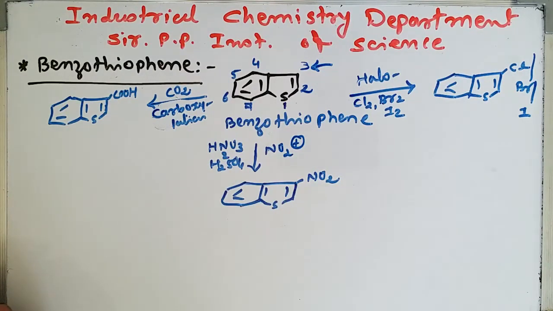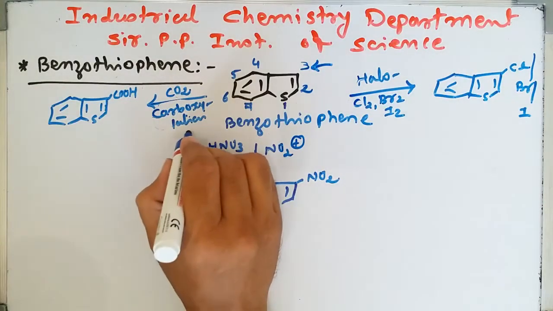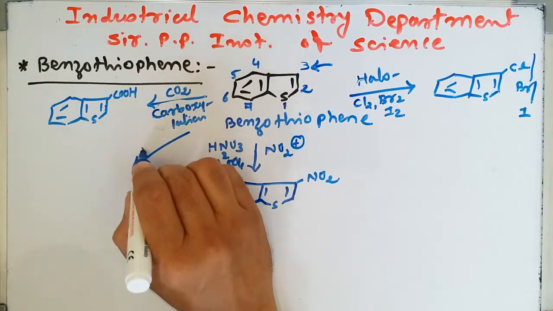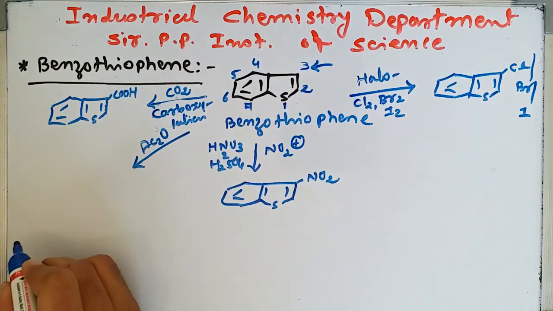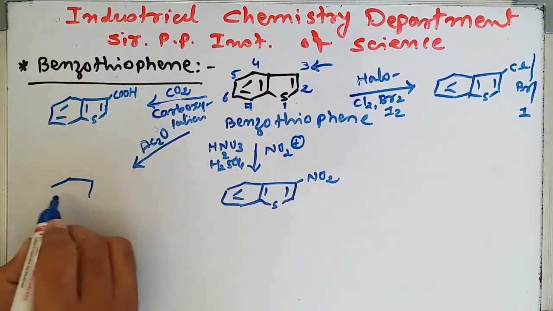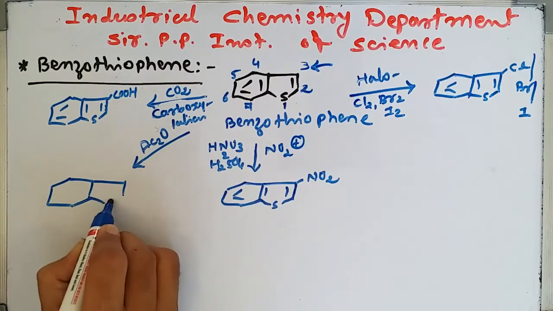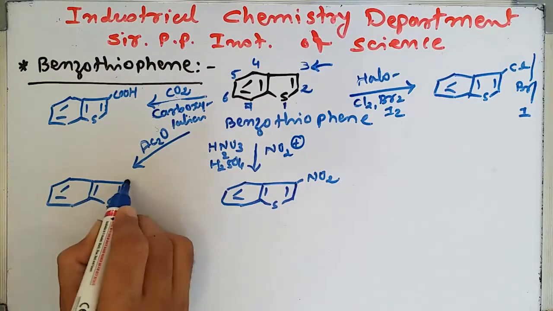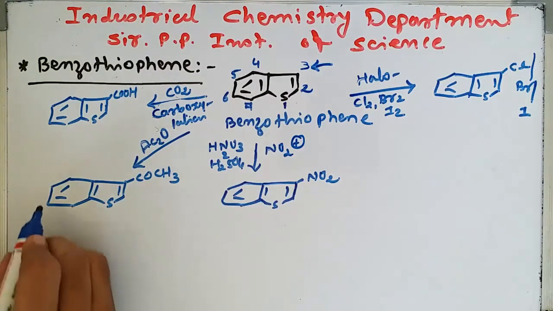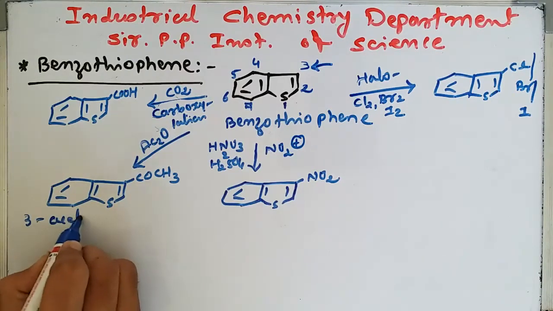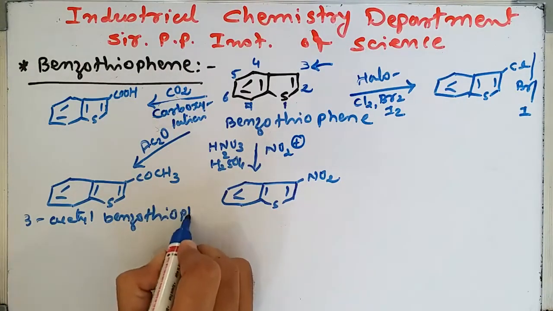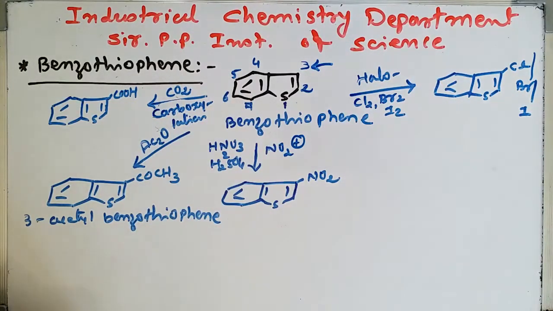Acetylation takes place with the help of acetic anhydride. Then 3-acetyl benzothiophene, COCH3, is obtained.